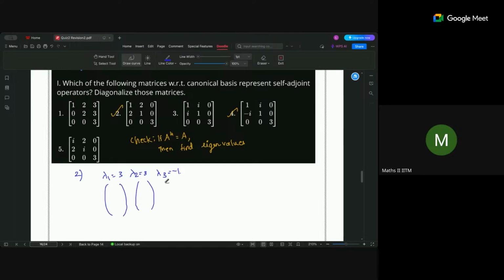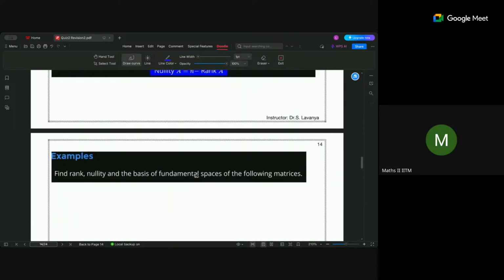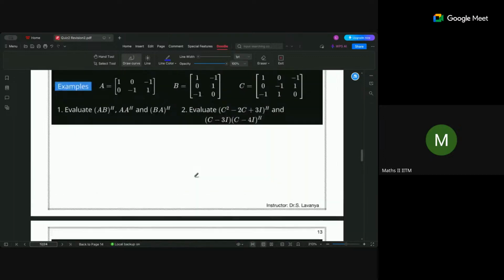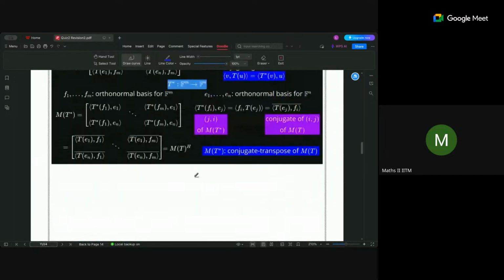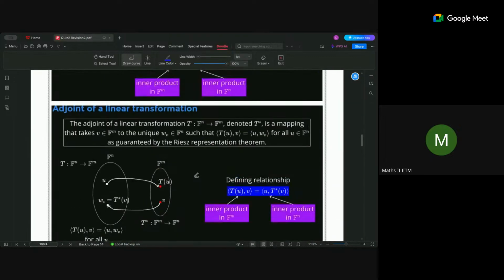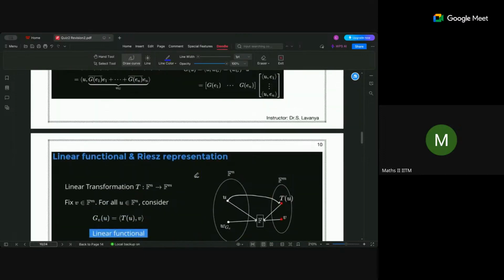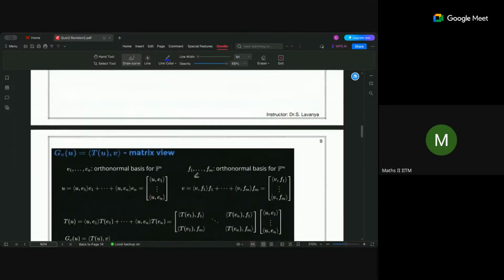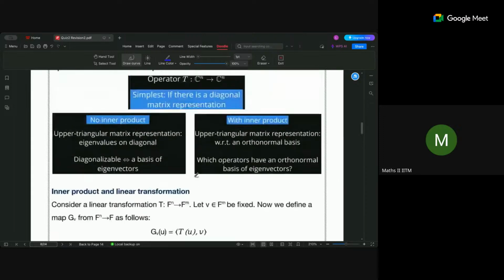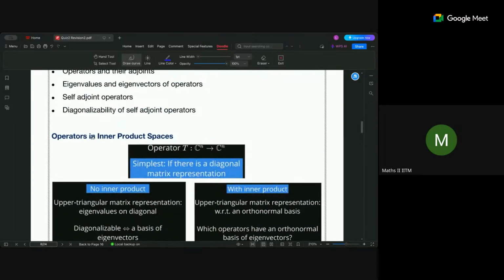So before that, let us quickly look at the topics before this. So what are operators and inner products? Operators means the domain and codomain are the same, right?